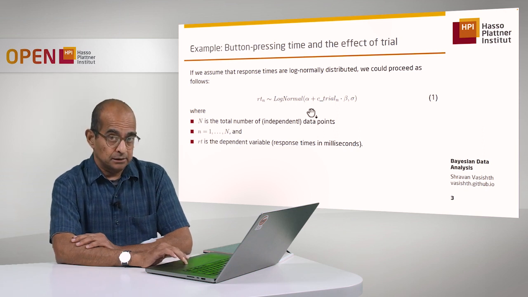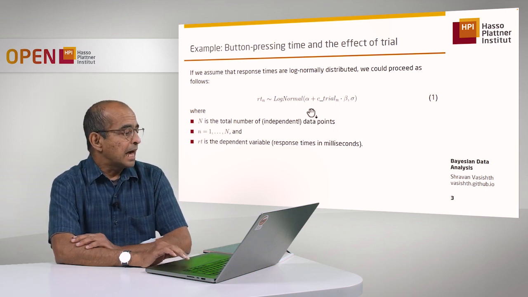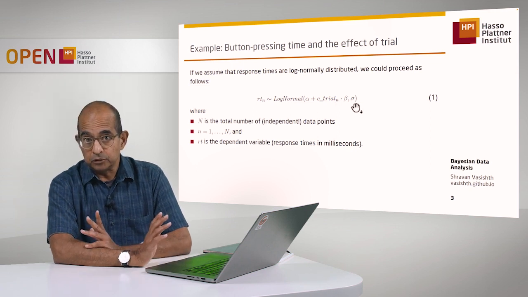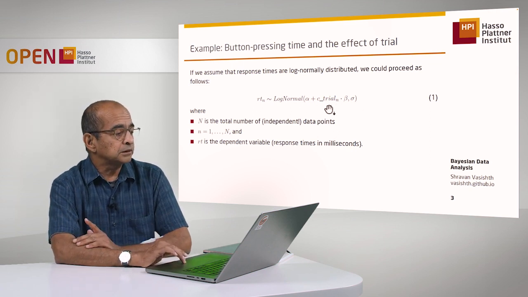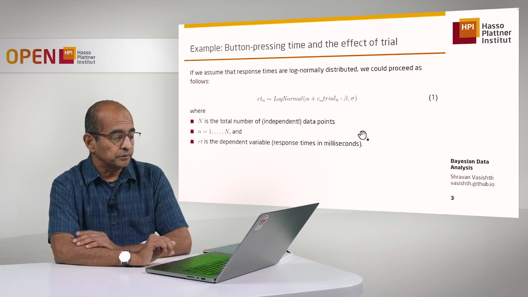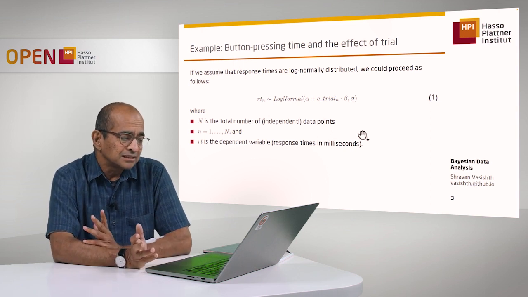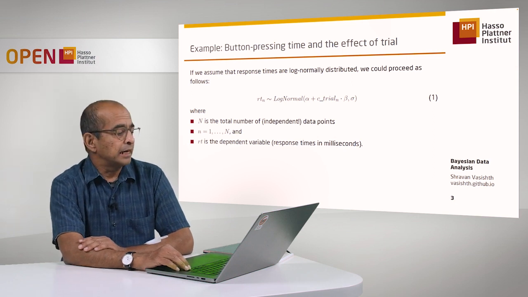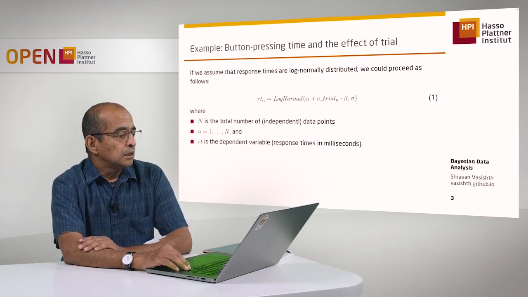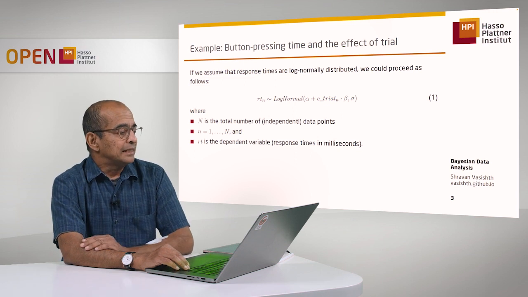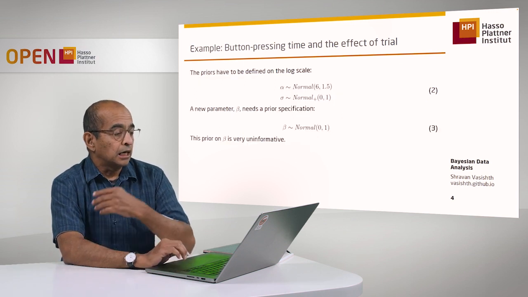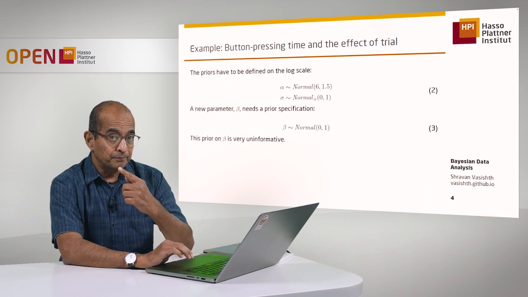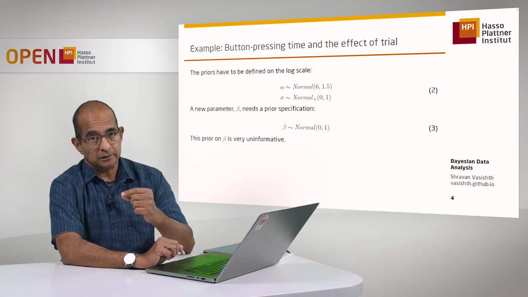So what changes now is that I have the same parameters as before, okay? I've got an intercept parameter, slope parameter, and sigma parameter, right? So this is pretty similar to the model I just fit earlier, looking at pupil size and attentional load. The difference now is that I'm assuming a log normal likelihood, and that implies something very important.